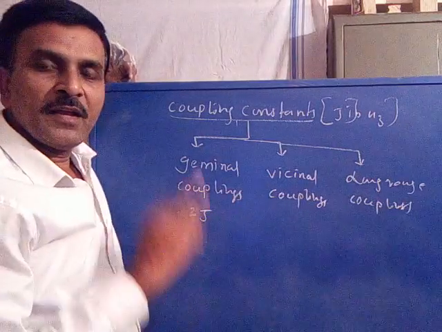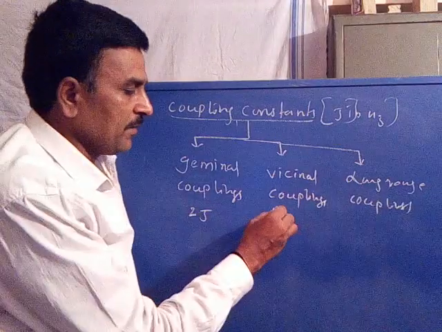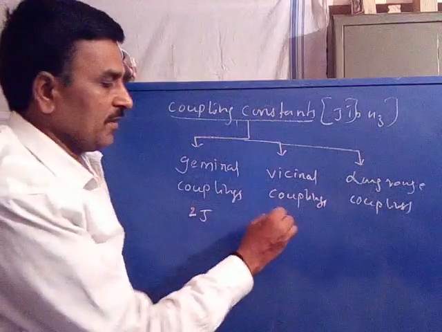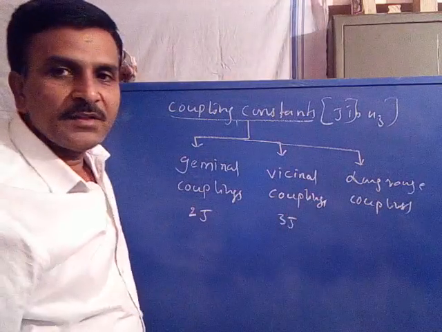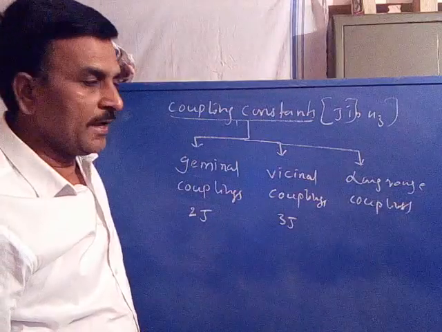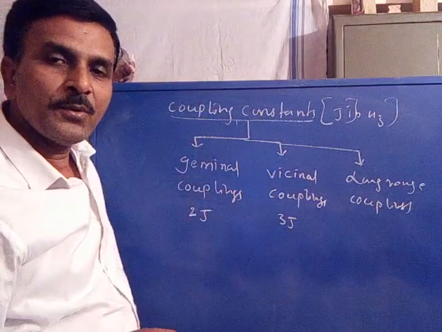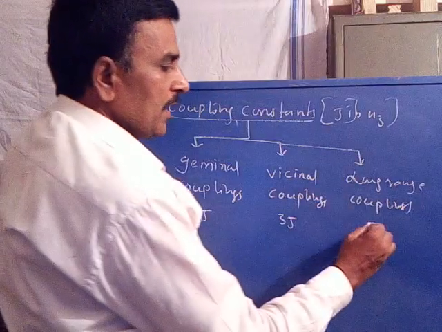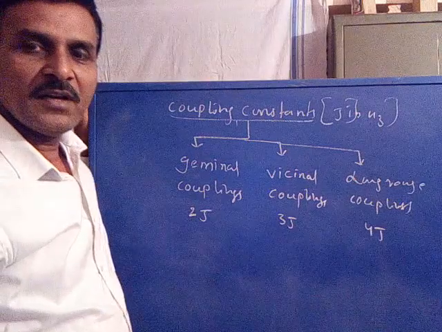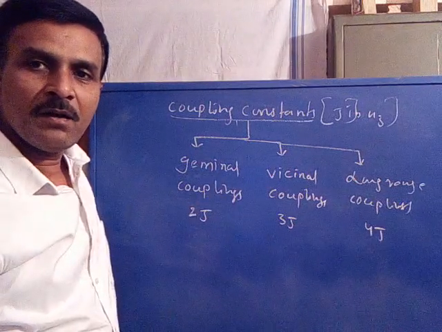Vicinal coupling is the interaction between nuclei separated by 3 bonds, and the coupling constant is called 3J. Long range coupling is the interaction between nuclei separated by up to 4 bonds, and the coupling constant is represented as 4J. So 2J, 3J, 4J couplings are possible.